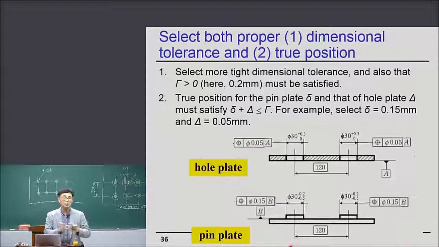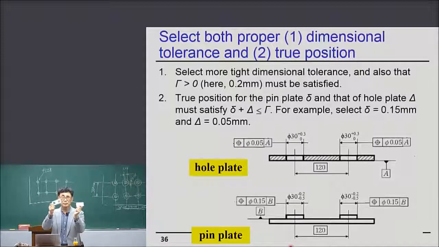But comparing with the homework you did, in this drawing the accuracy is very loose, so you can achieve this range of accuracy by using a knife.